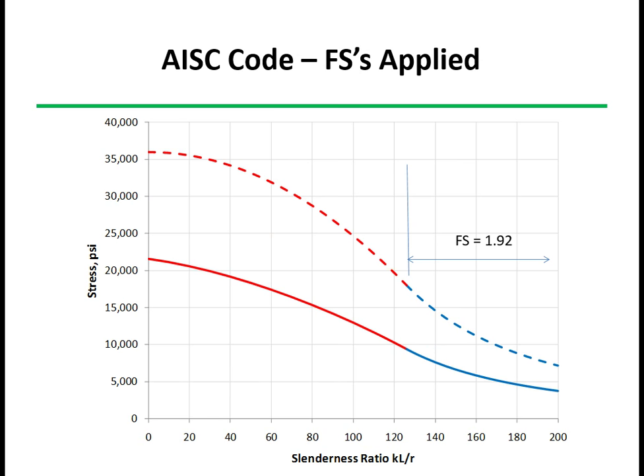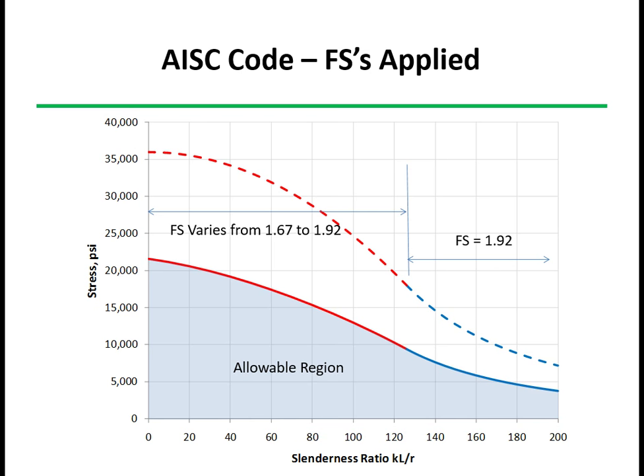Now, we said a long column gets a factor of safety of 1.92. We also said yielding is at 1.67. So in this range of the short column, the factor of safety is variable. It goes from 1.67 up to the 1.92 of the long column. So our allowable region now is down in this blue shaded region.